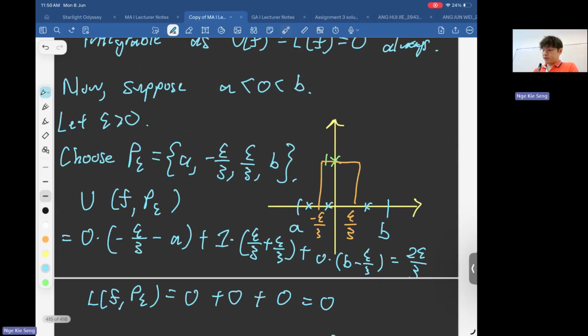We considered 0 in between A and B. So what if one of them is 0? Meaning your interval starts from 0 to something positive, or something negative. If 0 is an endpoint of your domain, what picture can you draw here?